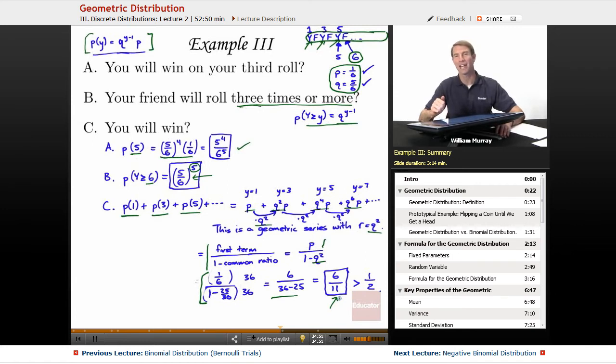Now, I didn't convert that into a decimal, but one thing I know for sure is that that's a little bit bigger than 50%, which makes sense because you get to roll first, so you're a little bit more likely than your friend to win this game. So it's a very plausible answer that it would come out to be a little bit over 50%.